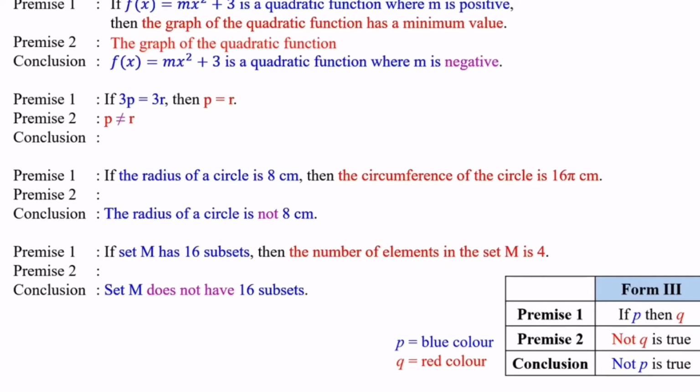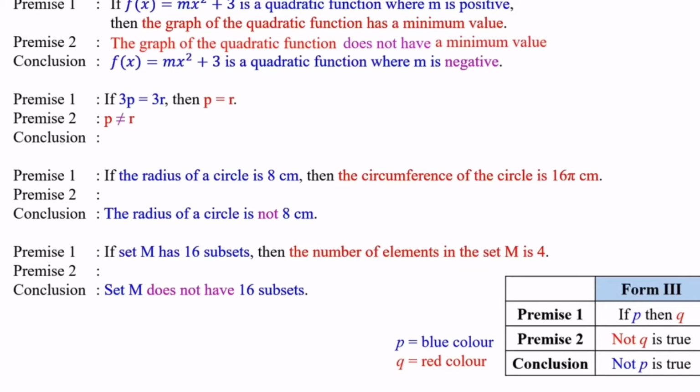Normally the words you fill in are not, does not: does not has. Because this is one graph, so does not has. If more than one, we say have. Then we just copy a minimum value. So that means you negate the statement Q. Not Q is true. The red color part you can copy, but you add the words does not has.